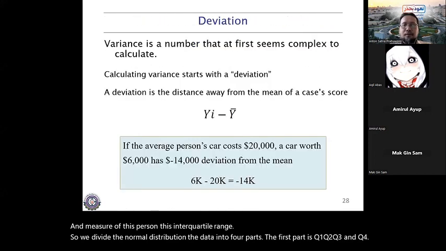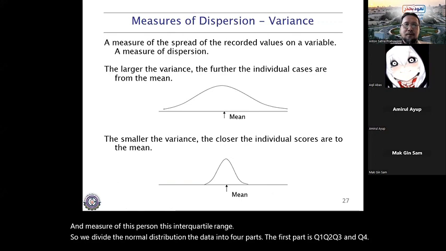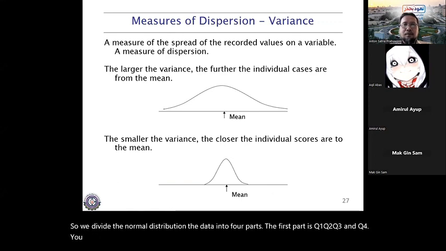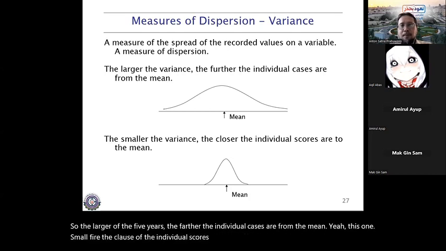Then variance: the larger the variance, the farther the individual cases are from the mean. Small variance, the closer the individual scores are to the mean.